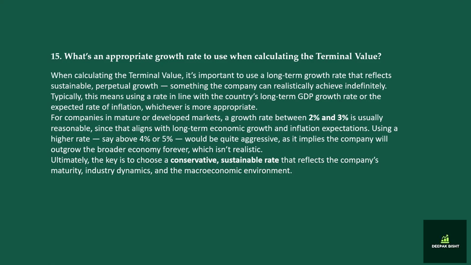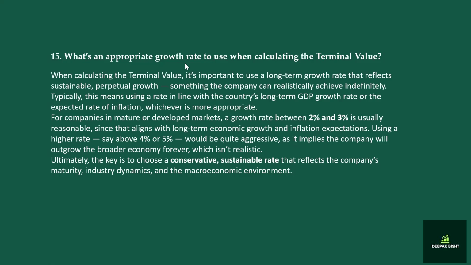Anything higher than 5% is usually seen as too aggressive for a DCF, especially for companies operating in mature economies. So a growth rate of 5% is too aggressive. Also important, the terminal rate must be consistent with the economic environment, the company's maturity, and the assumptions used elsewhere in the model.